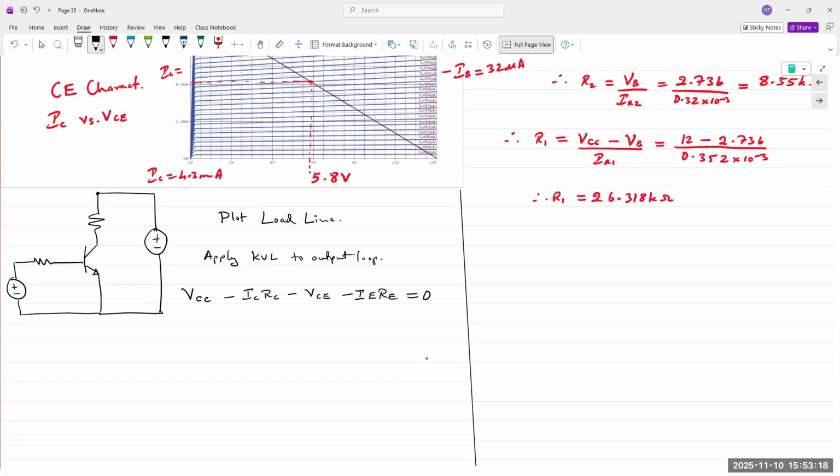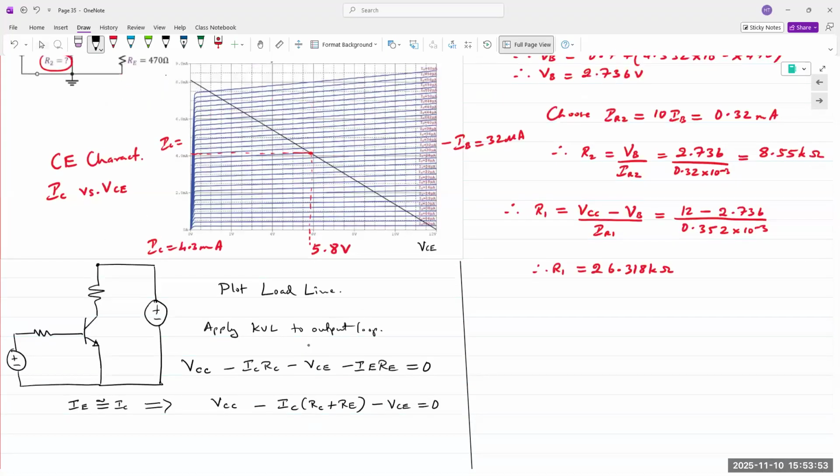So we can safely ignore it, and we can write IE is approximately equal to IC. So if IE is approximately equal to IC, then my equation is VCC minus IC times (RC plus RE) minus VCE is equal to 0. I want to obtain the entire equation in IC and VCE because those are the characteristics we have, right? We have VCE and we had IC.